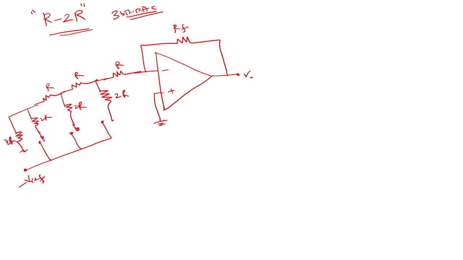Then let's say this is V0, V1, and V2, and you have something called ground, 0. Now, what is RF here?